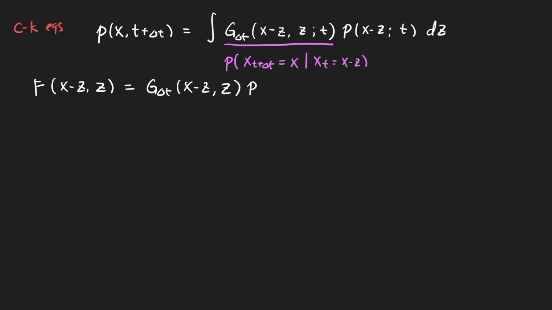We only consider x and z as variables. For the Taylor expansion, we're just going to expand with respect to the first parameter.